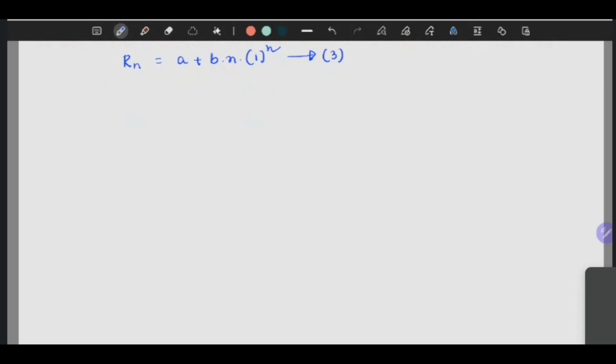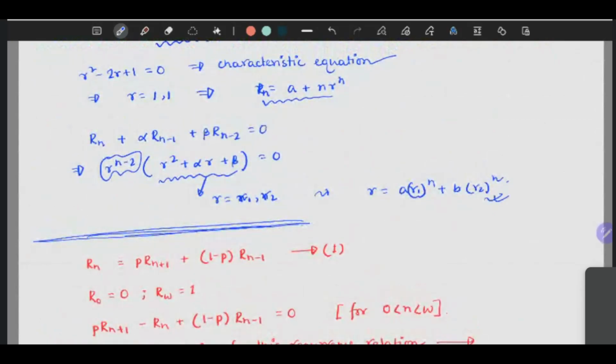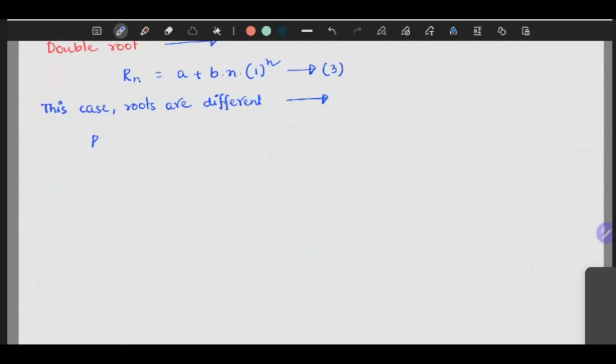But since these are two different roots, we will use this relation, a r1 to the power n plus b r2 to the power n. So then Rn becomes a times the first root to the power n. So the first root is (1 minus p) by p, to the power n, plus the second root, b into 1 to the power n.